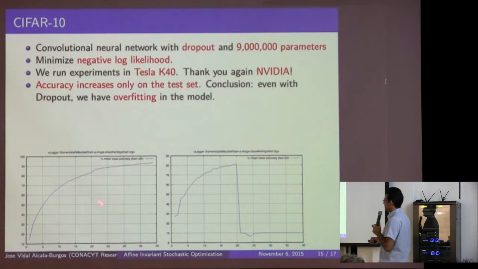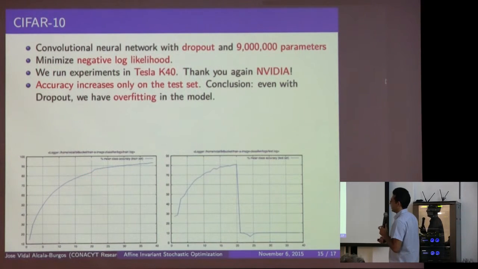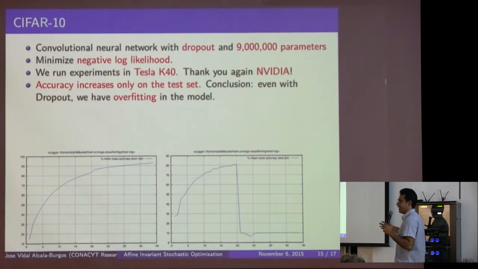But anyway, we can see that as we use the new algorithm, we have a small jump. We don't have a big jump anymore, right? Because we are not using the full Hessian. We're just using one eigenvector.